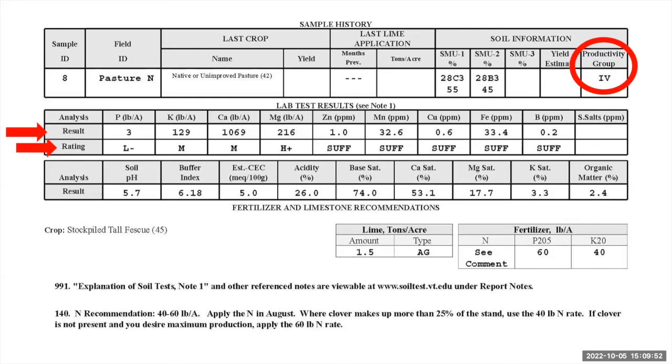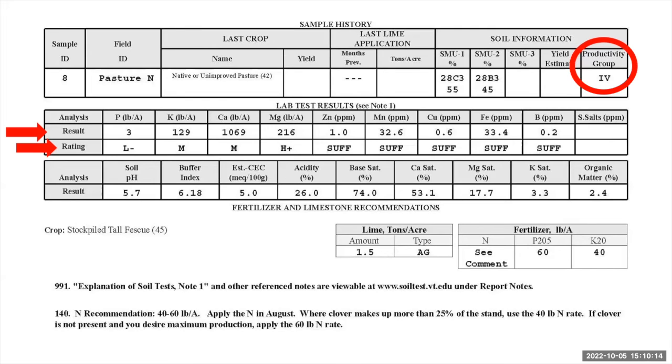So the rating also just gives you a sense of whether you are going to see a crop response to fertilizer. For levels of low to medium, you're pretty likely to see a response to a given fertilizer for that crop. For a rating of high, you're probably not going to see a crop response.